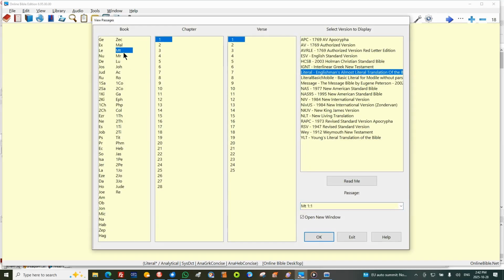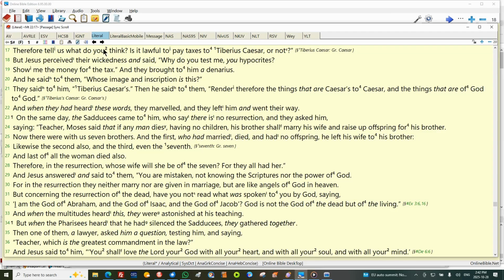Matthew 22 verse 17. What do you think? Is it lawful to pay tribute to Tiberius Caesar or not? And in this case, the Greek is Caesar, and whom they're referring to is Tiberius Caesar. And you can see that in verse 21 also.